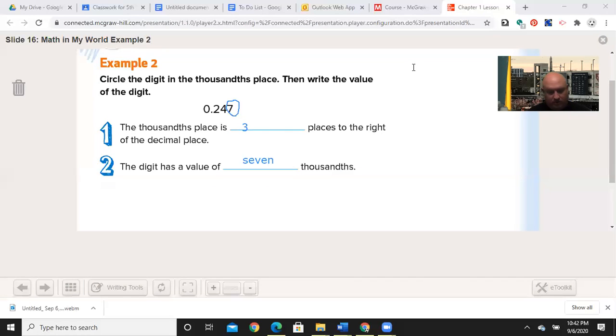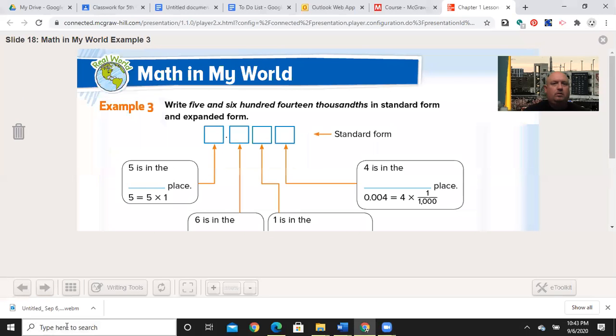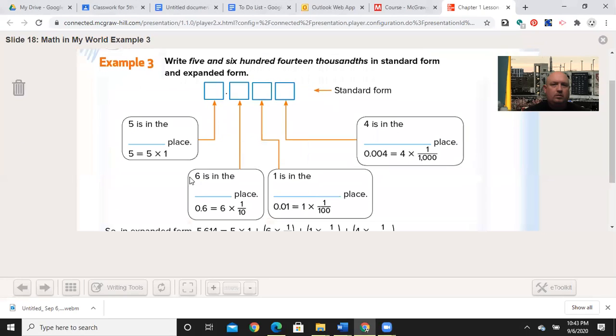So now we'll turn the page here. Example 3. Let's clear this out. Write 5 and 614 thousandths in standard form and expanded form. I'm going to get my annotation tool again.